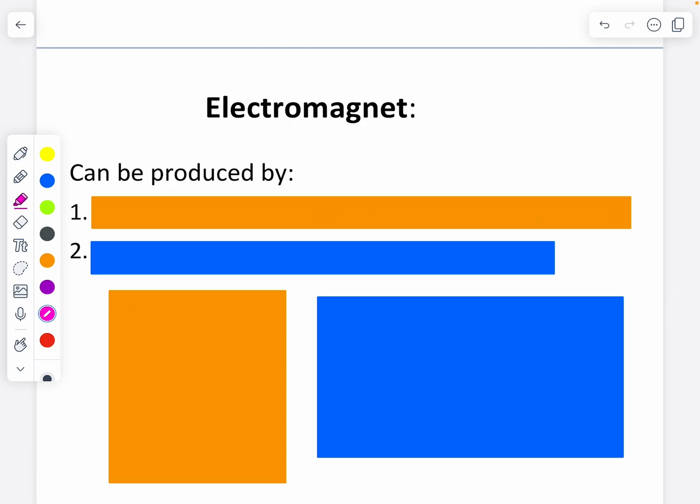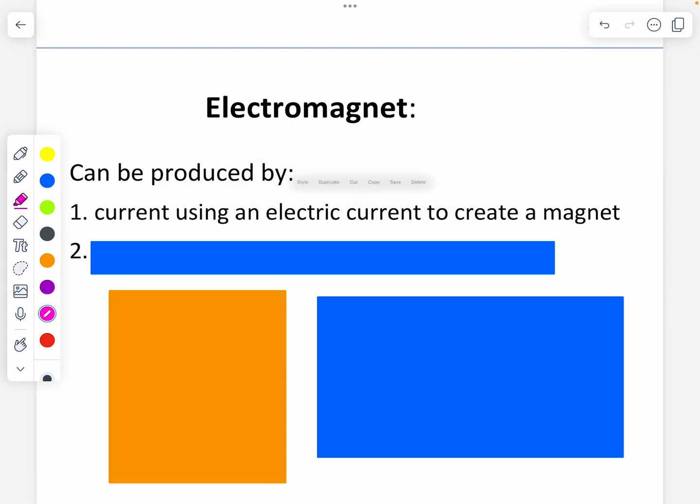So there's two ways that we can create what's called an electromagnet, which is going to have both electric and magnetic properties. The first way is for us to use an electric current in order to create a magnet. So we're going to use electricity, moving electrons.